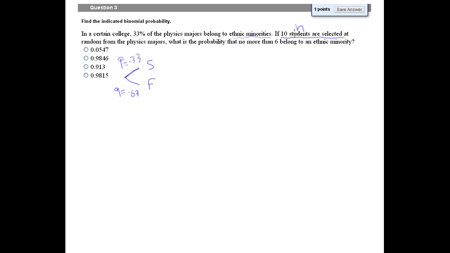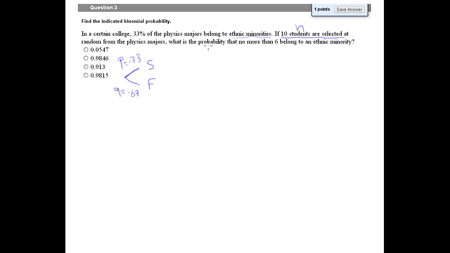So we are assuming that with this large population, if we select 1 or 2, 3, or even 10, that's not going to affect the probability of the coming selections. So the probability is fixed. It's always going to be 33%, always 0.33. P is the same in every stage. That's why this is independent. If we were selecting the 10 from 20 or from 30, then it would not be independent, and then it would not be a binomial distribution.